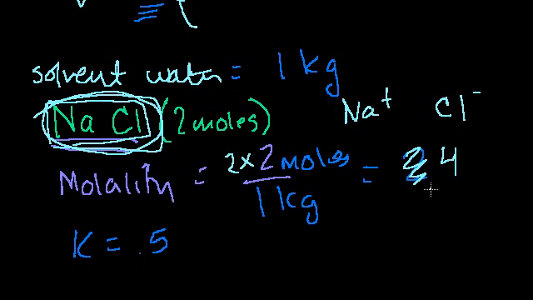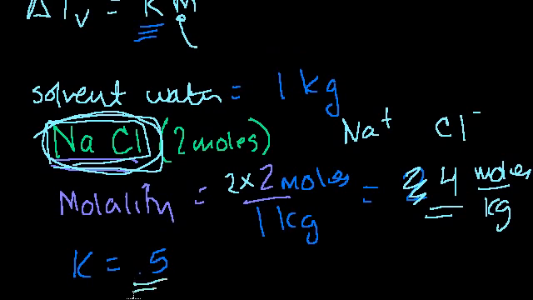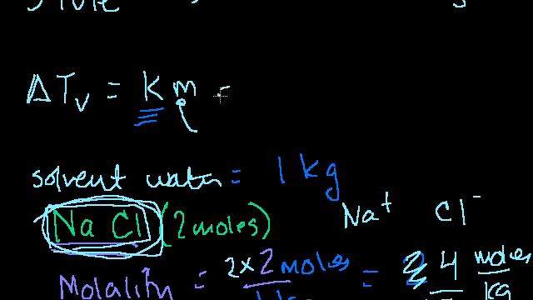So given that the molality is 4 moles, right? 2 moles of sodium, 2 moles of chloride per kilogram. So I just use that constant that I just got from Purdue. And then I get the change in temperature is equal to that constant, 0.5 times 4, which is equal to 2 degrees.